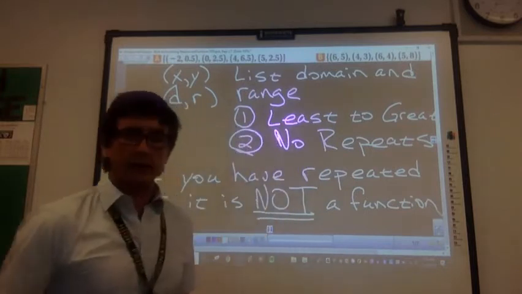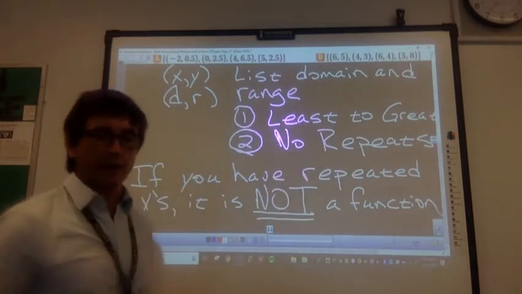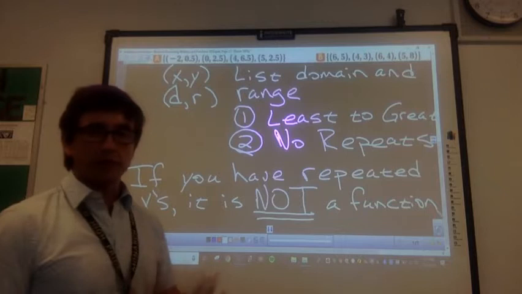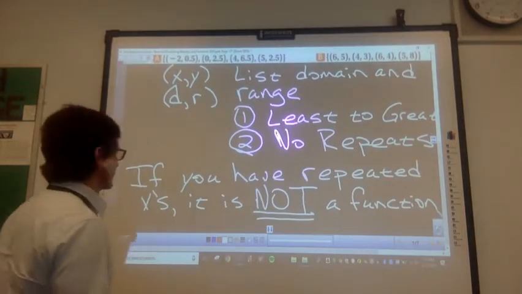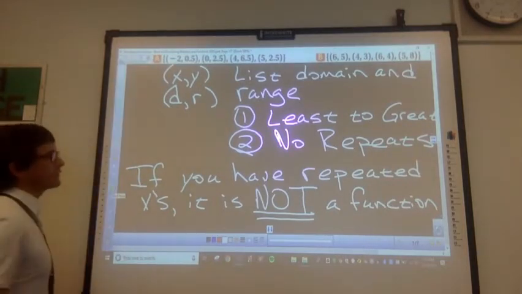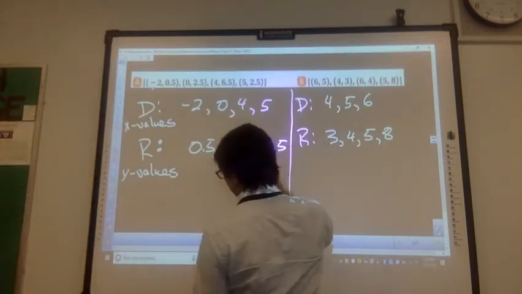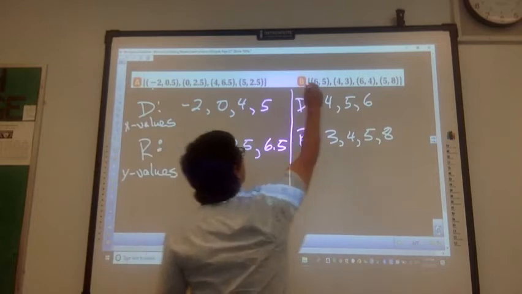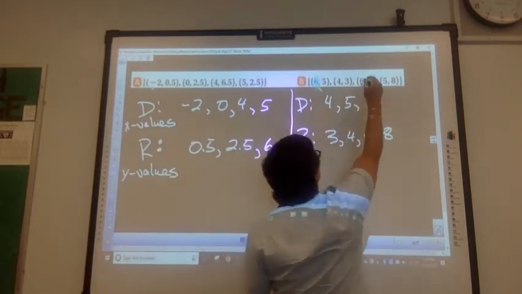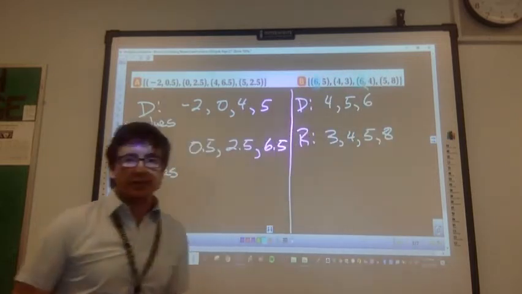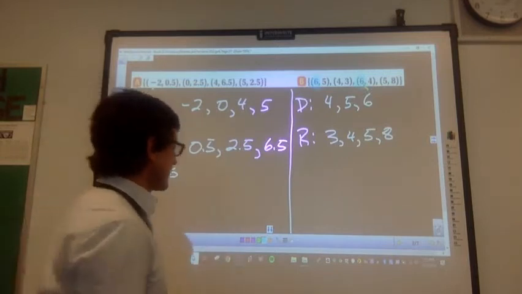Okay, no repeated x's. It does not matter at all if the y's repeat, but you cannot have a repeated x. So let's look at this. You may remember from this example, we had the x values repeat here and here. Those 6's repeat. This is not a function.